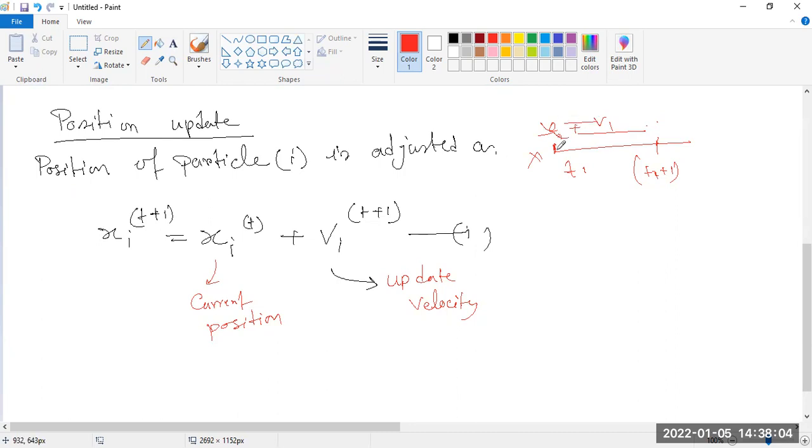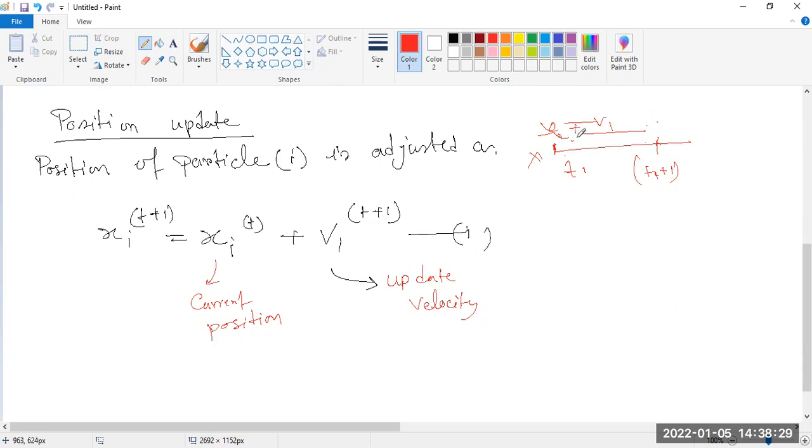Say you are at position x, moving at 60 kilometers per hour by car or bike. After 1 hour you reach another 60 kilometers, because in 1 hour you are applying 60 kilometers per hour.